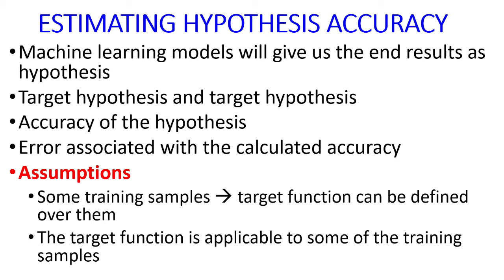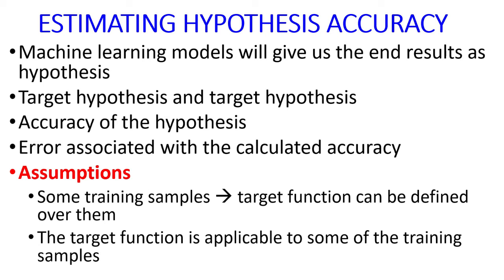The hypothesis which we select finally is called the target hypothesis. Since there are many hypotheses, we are interested in estimating or calculating the accuracy of the hypothesis.